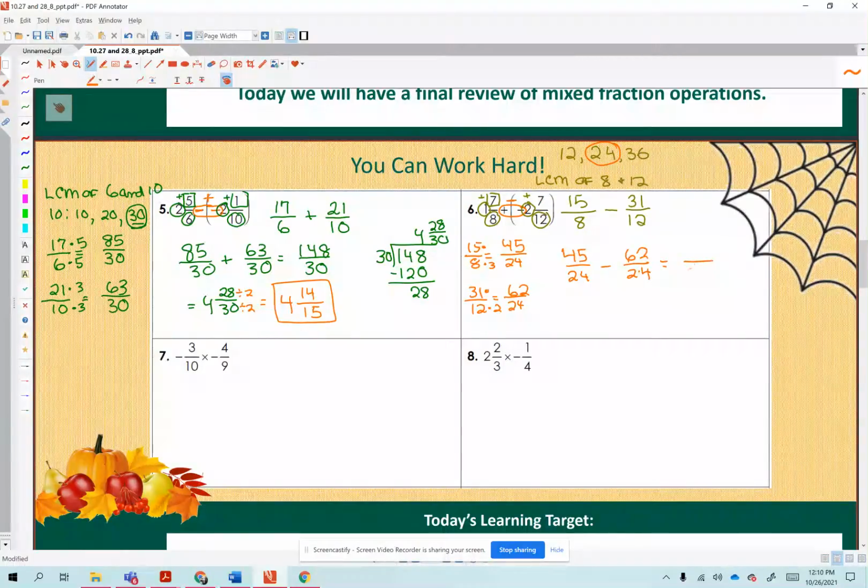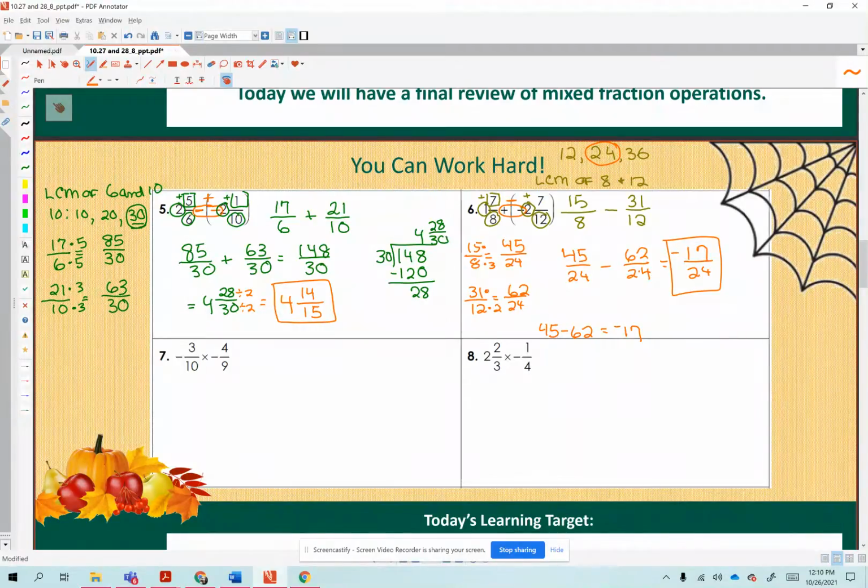And I have my denominator of 24, and 45 minus 62 is, remember, it's a positive 45 minus 62, which means we ignore the signs, subtract 45 from 62, and give the answer the negative sign from the 62, which would be 17. So that would be a negative 17 over 24. And we cannot simplify that any further, so that will be our final answer.